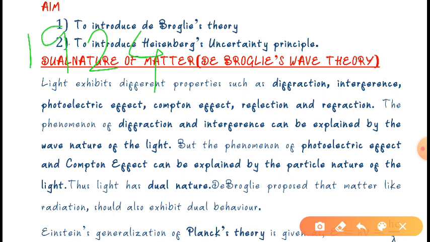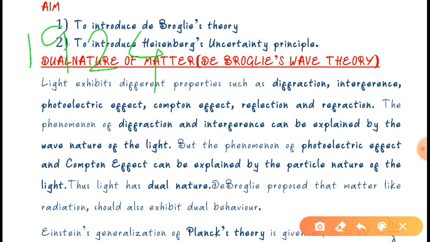that all particles, if they are moving, whether an electron, proton, neutron, atom, or any molecule, will have dual character.